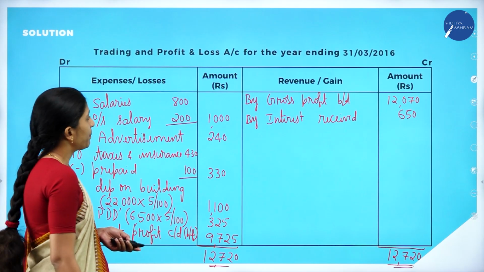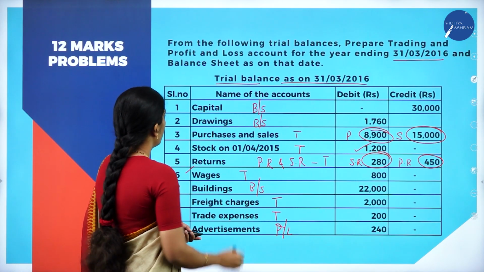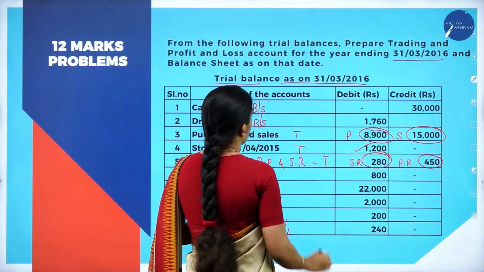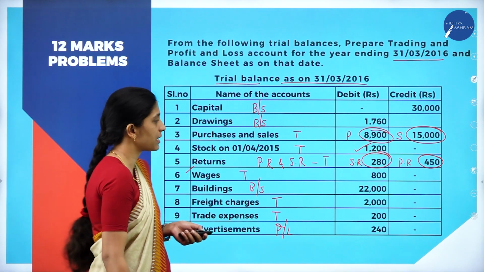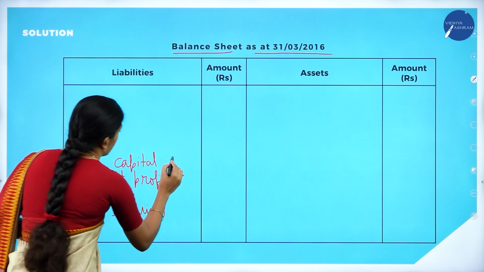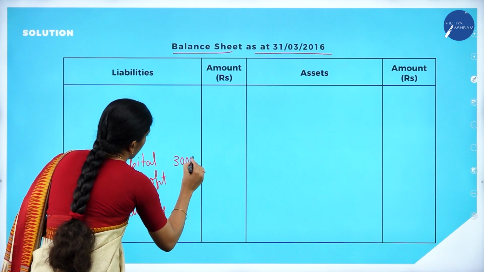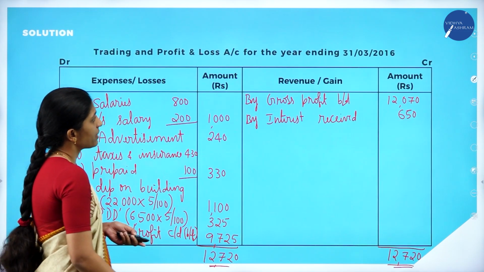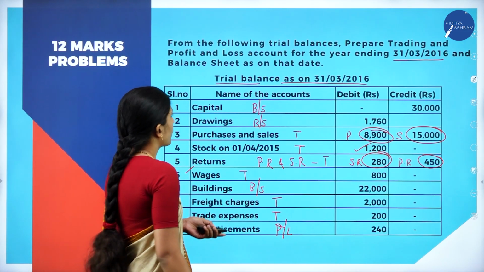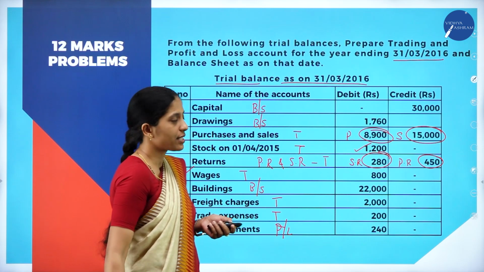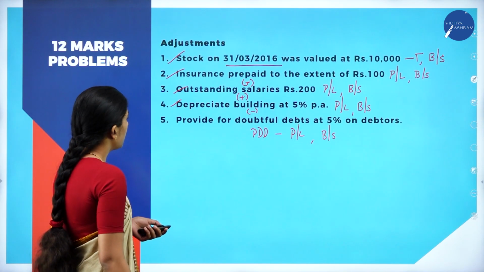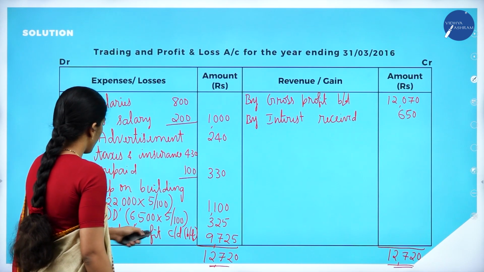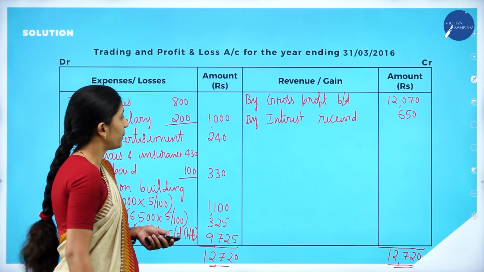Now what is the capital? See the trial balance. Capital is 30,000 and drawings is 1,760. Let's see whether it is correct. In between we have profit. Net profit, how much? 9,725.